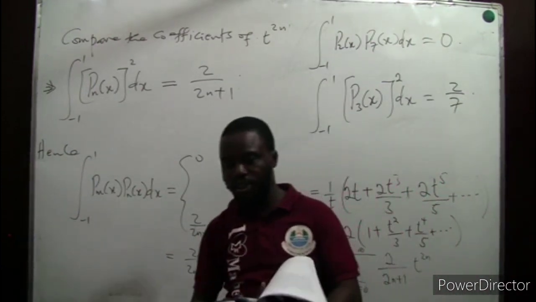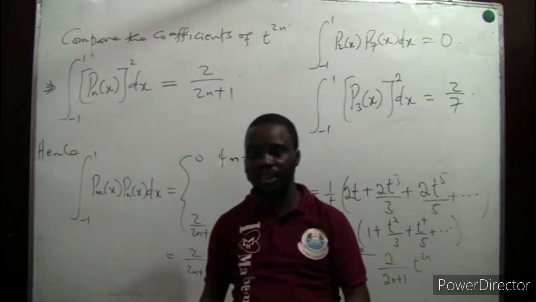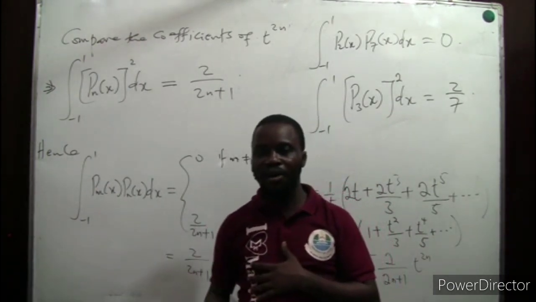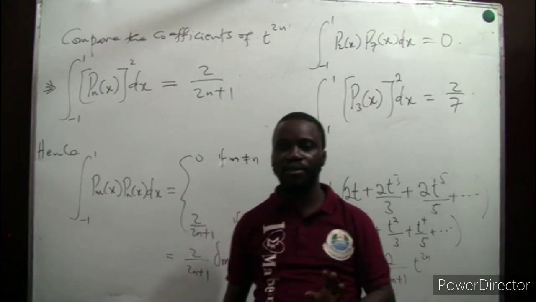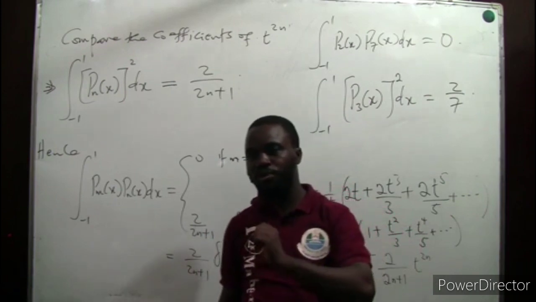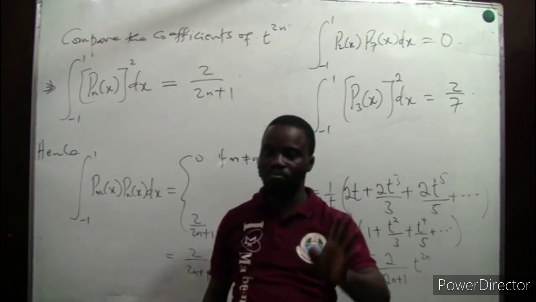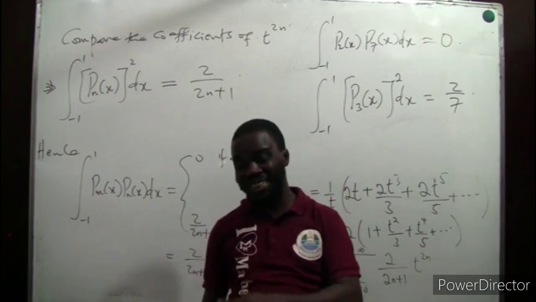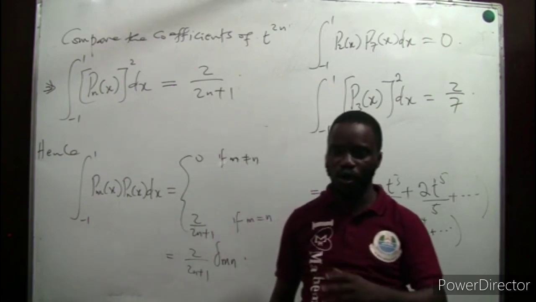So far, we have been discussing the Legendre polynomial of first kind. We have looked at how to generate the Legendre polynomial of first kind, from the general form of that several polynomials can be generated. In the class, we generated the first 3.